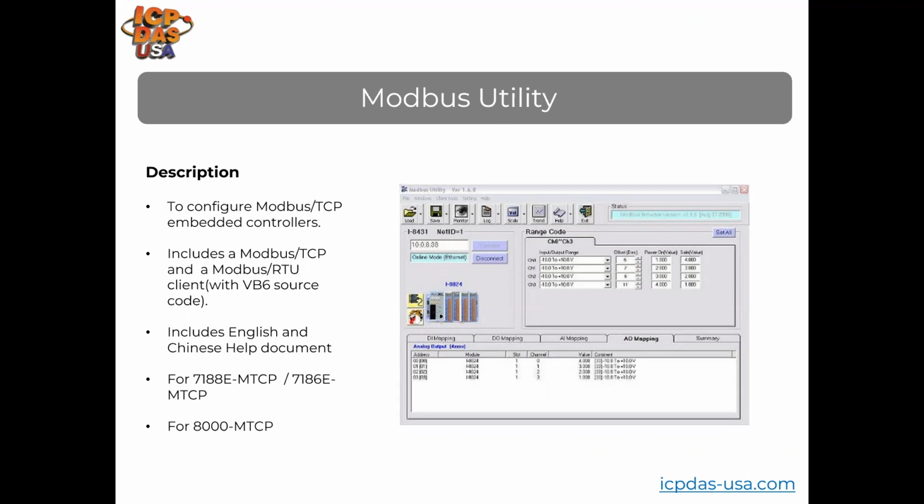Also, the I7188E MTCP and the WinPAC 7186E MTCP series, which are C-language programmable controllers that communicate over Modbus TCP. The Modbus Utility includes a Modbus TCP and Modbus RTU client with VB6 source code.